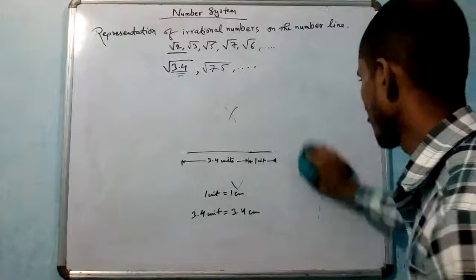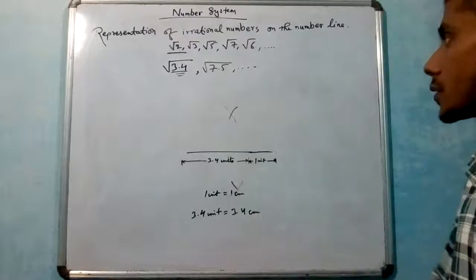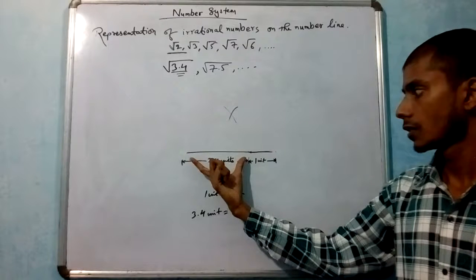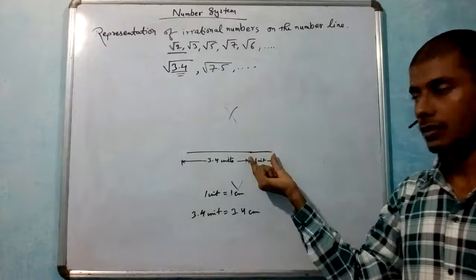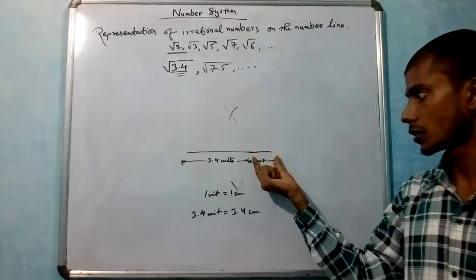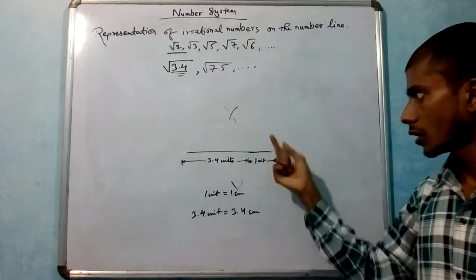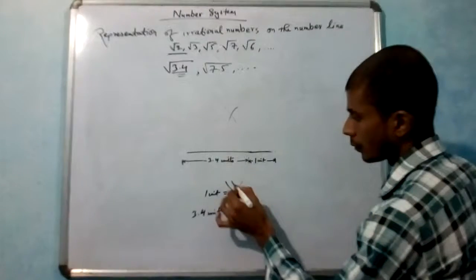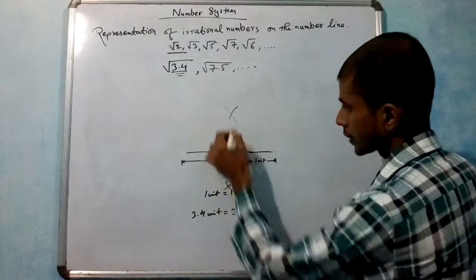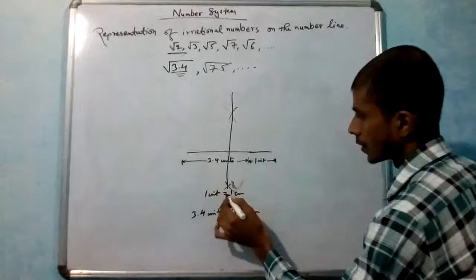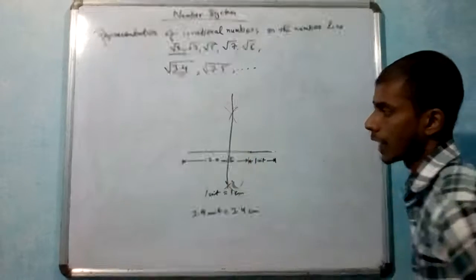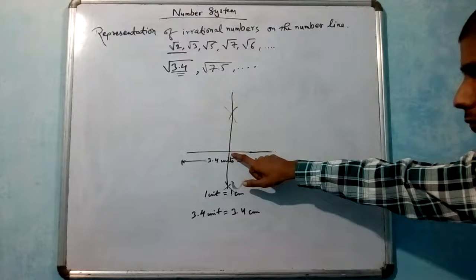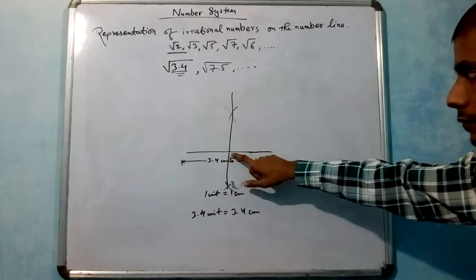Clear? So again, listen properly. Concentrate. 3.4, I drew. After that, 1 unit extra I drew, always 1 unit. Then for the total, I took the perpendicular bisector. When I found the perpendicular bisector and joined it, I got the middle point here. Clear?